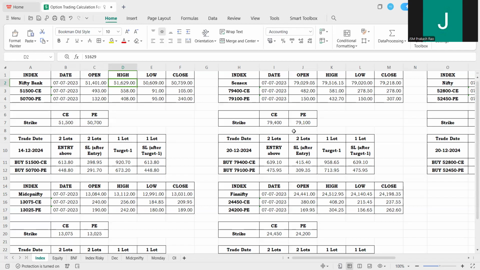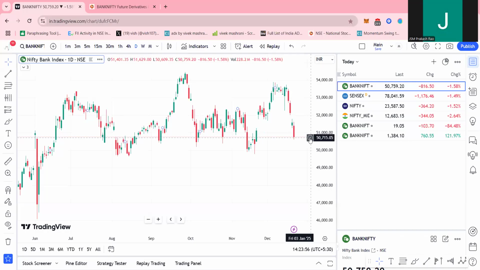This is the chart. I think you're not seeing the chart, right? So I take this data here. You get it on NSE or in the chart. You can take it from anywhere. Then I input the data here. Once I input it, it will tell me which strike price is good to trade in Bank Nifty.